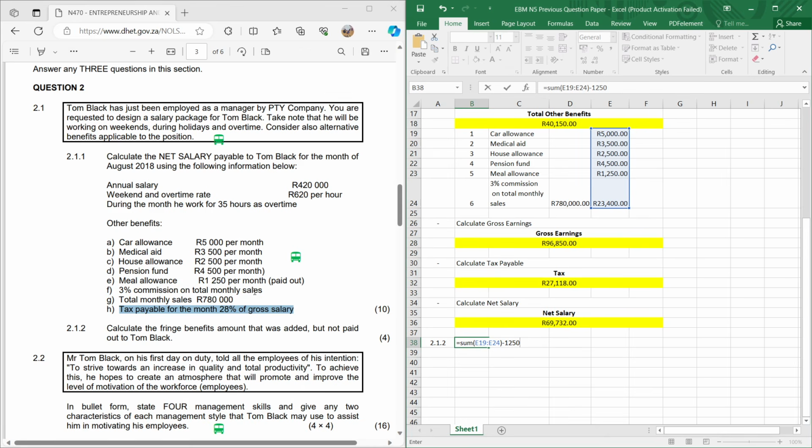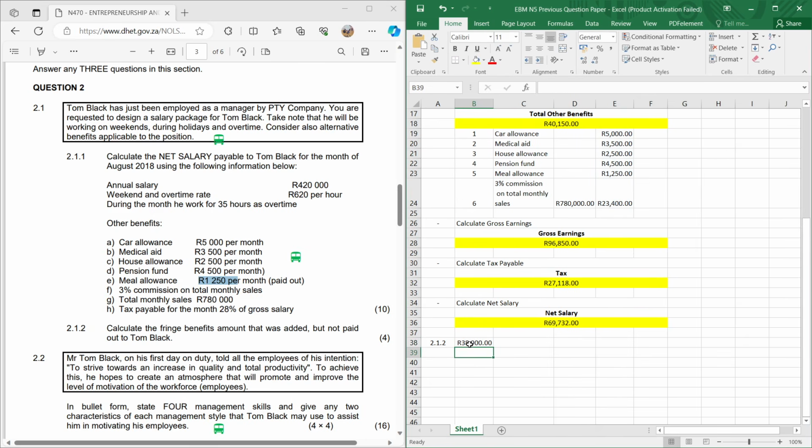Anything else has not been paid out, as our question instructs us to. We need to only display amounts that have not been paid out. So we need to have the overall amounts of everything except the 1,250, right? So we're going to go back to our answer sheet and hit enter, and this is the overall amount of Mr. Tom Black's fringe benefits, which is 38,900.